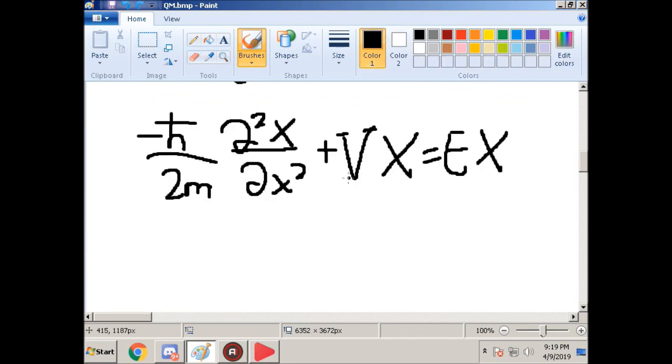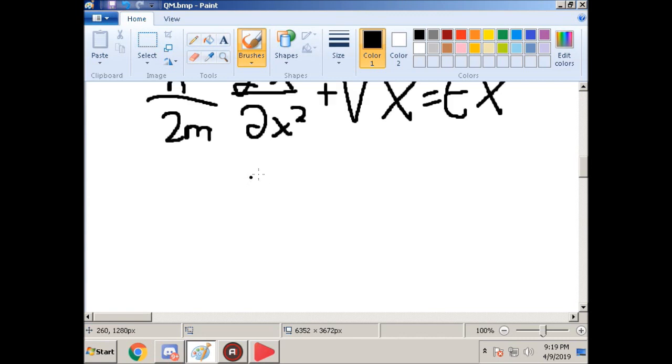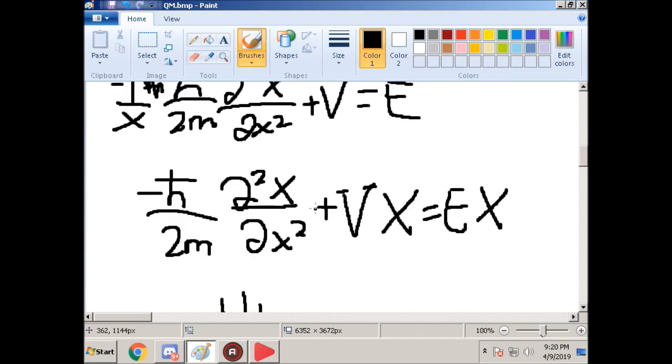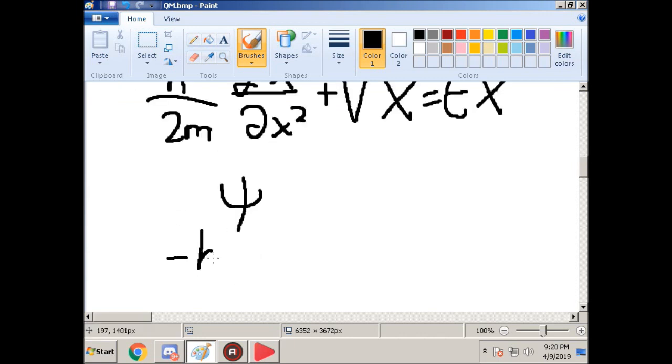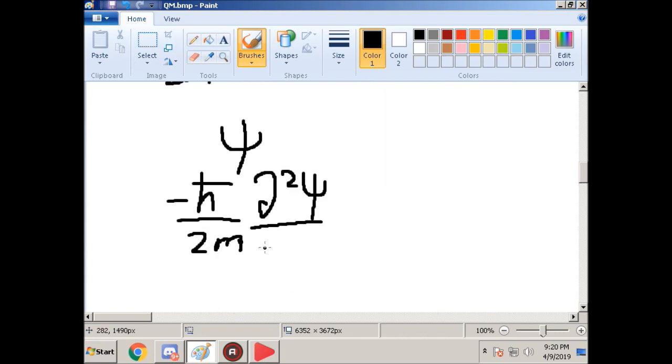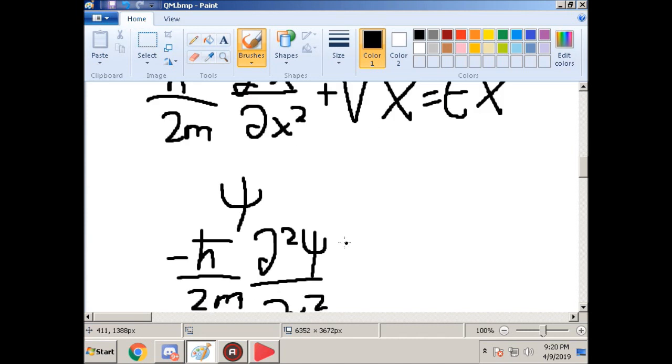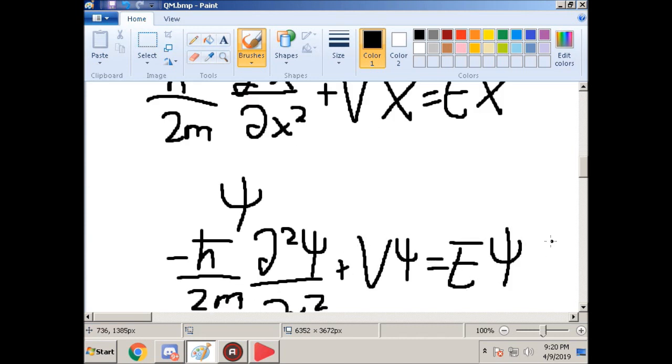Okay, so the last thing I'm going to do is I'm going to rewrite this equation, and instead of using a capital X to denote X of x, I'm going to use psi. Okay, so this might be confusing, but this is purely notational, I assure you. It's basically notation to write the time-independent Schrodinger equation with a psi rather than an X, and we should get this.